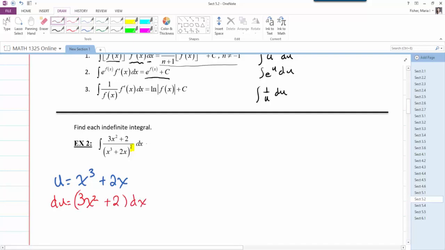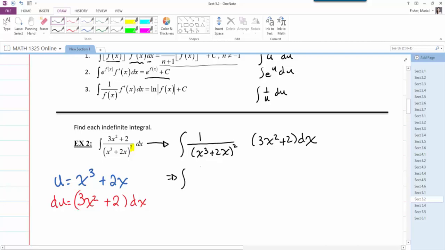Well, again, I can rewrite this if I really wanted to as the integral of 1 over x cubed plus 2x squared times 3x squared plus 2 dx. This part isn't necessary, but it makes seeing the substitution a lot easier.